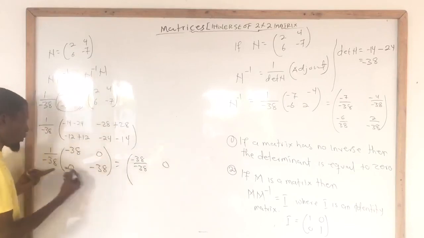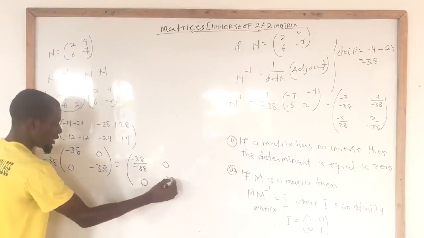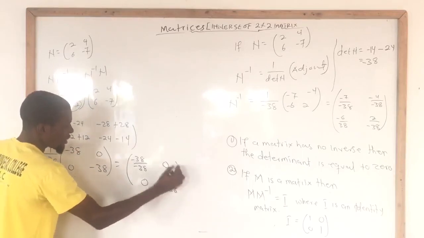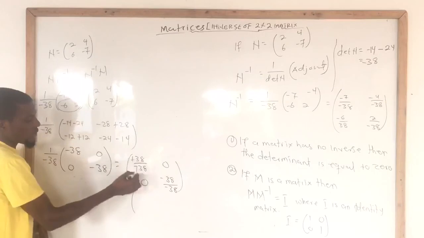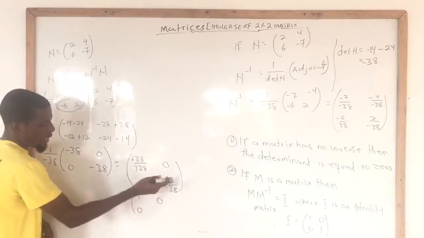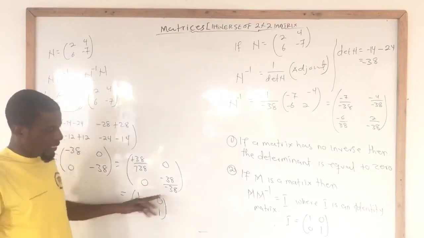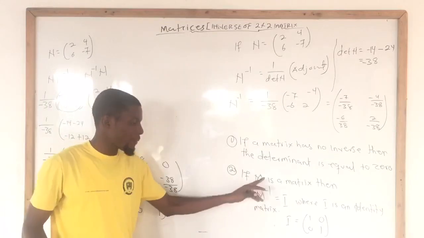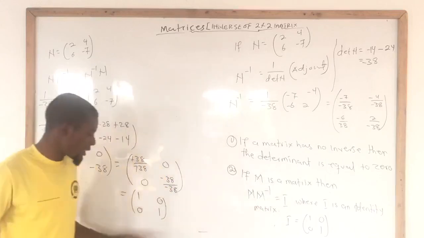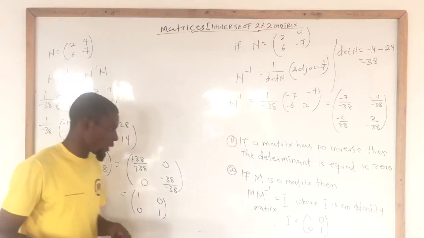This will give me 0. Now this will also give me 0. And then this one will give me negative 38 on negative 38. Do you realize that negative 38 on negative 38 will give me 1? This of course is 0. This is 0. And then this will also give me 1. So that confirms that whenever a matrix is multiplied by its inverse, you get an identity matrix. That is 1, 0, 0, 1.